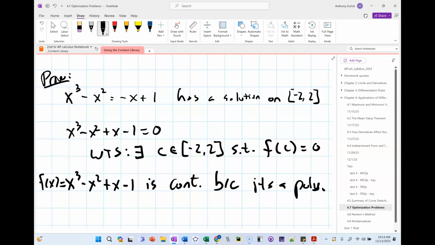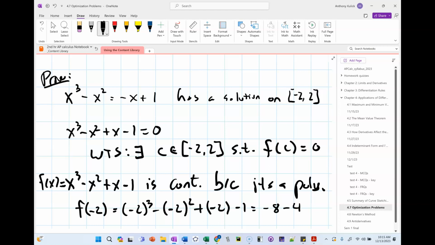Okay, so now what I need to do is find an x that makes f of x negative and an x that makes f of x positive. If I can do that, I'm done, basically. I just apply the intermediate value theorem and it's finished. So let's see what happens when I plug the endpoints in. That's usually a good idea. So that's -8, -4, -2, -1.